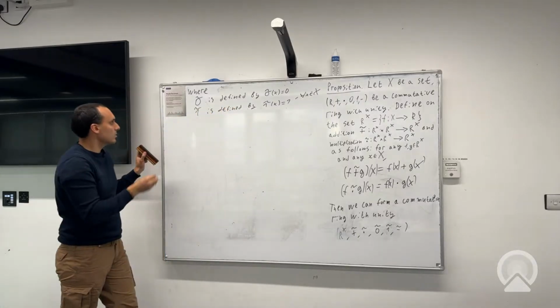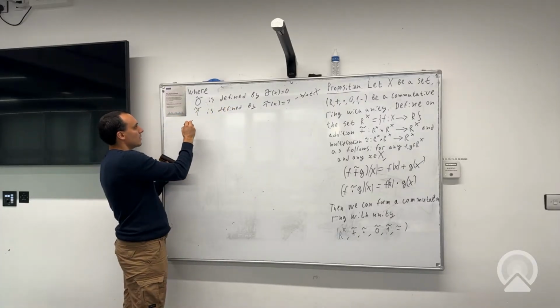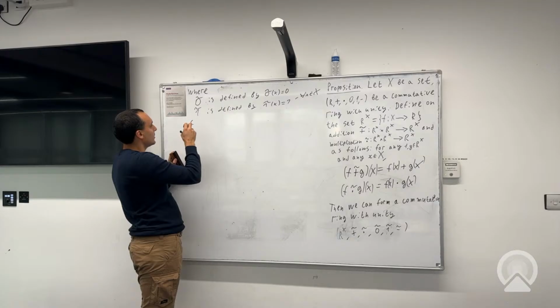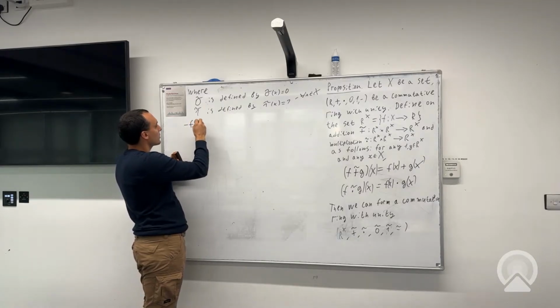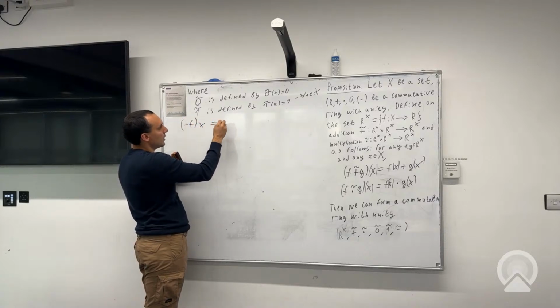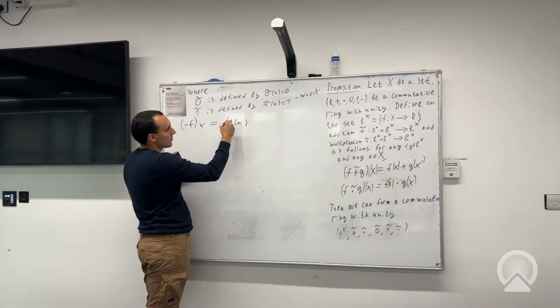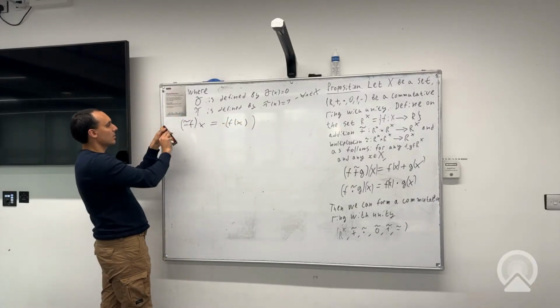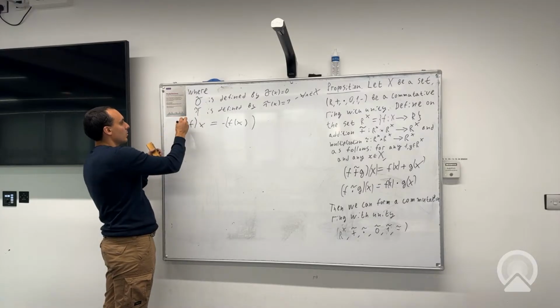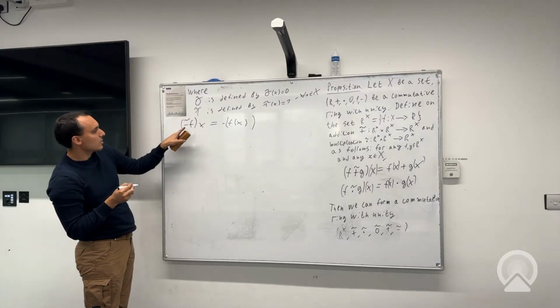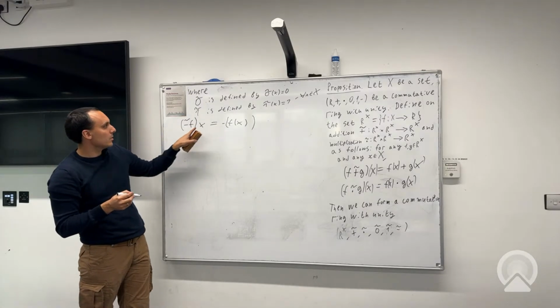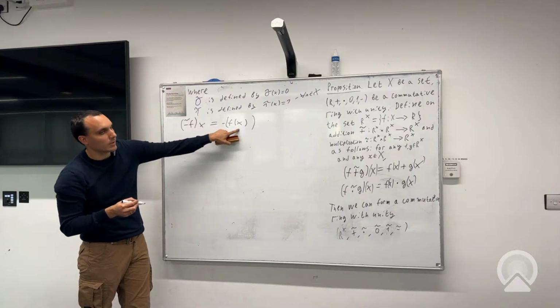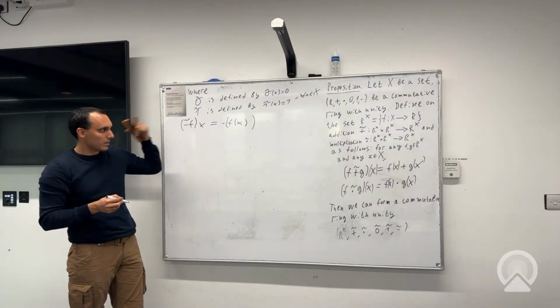And the negation, minus f of x, is defined by minus f of x. So this is the so-called tilde operation: we take the negation of a function, which when we map x, we first take the function of x and then the negation.